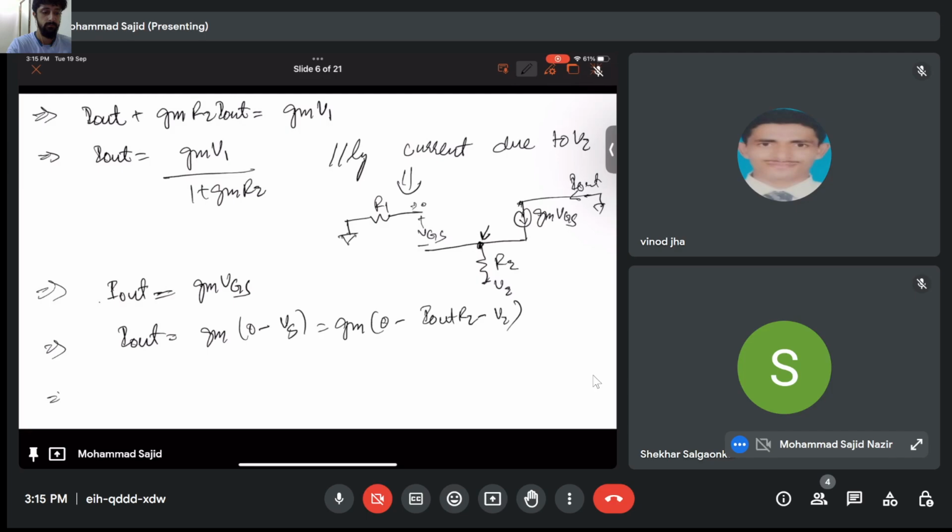So Iout plus gm Iout R2 equals minus gm V2. So Iout is basically minus gm V2 divided by (1 plus gm R2).